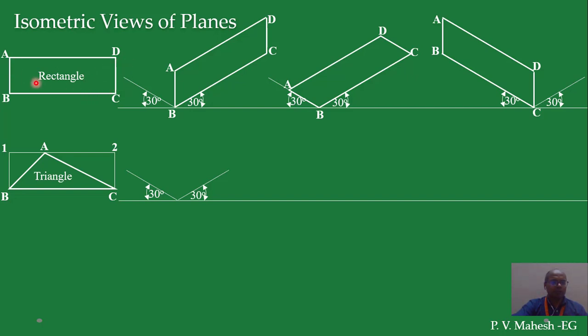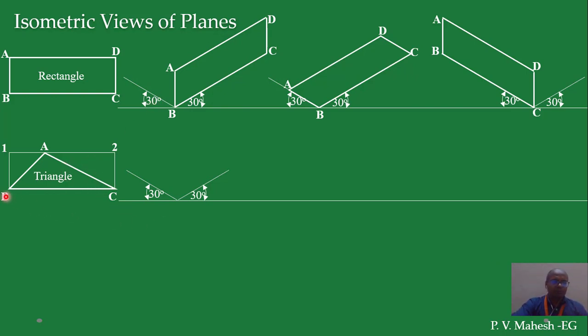It is easy for us to draw. Otherwise, any complicated object having inclined edges, we have to enclose inside a regular rectangular box and then draw the isometric view. So this is called the box method.